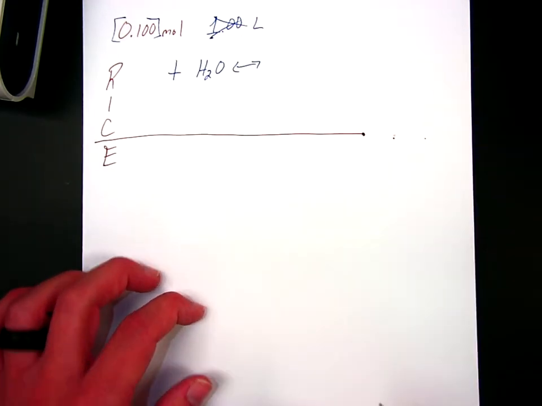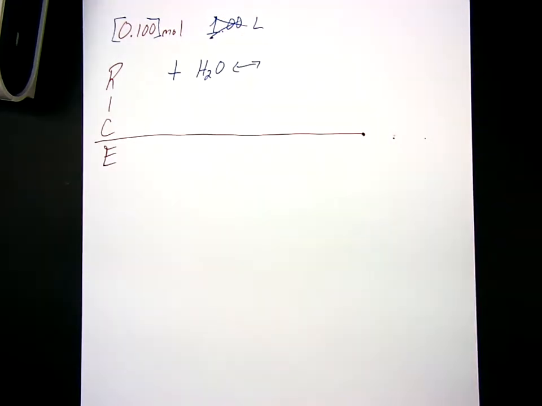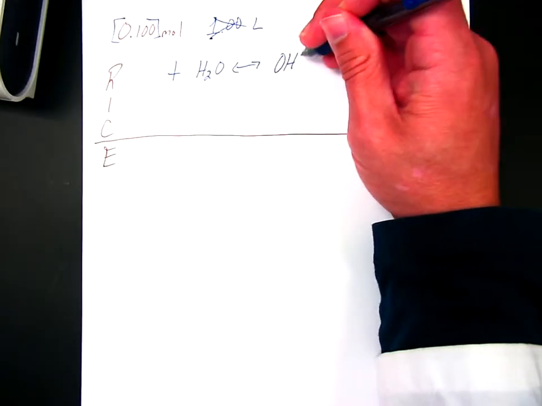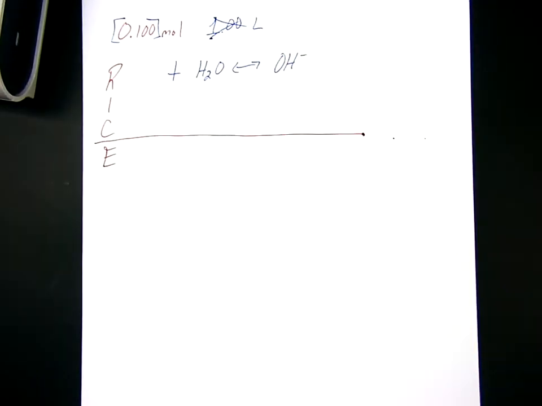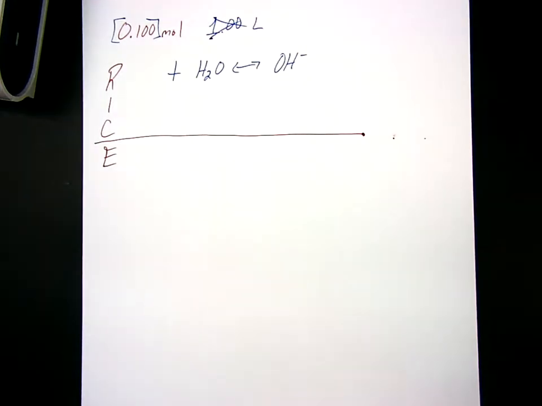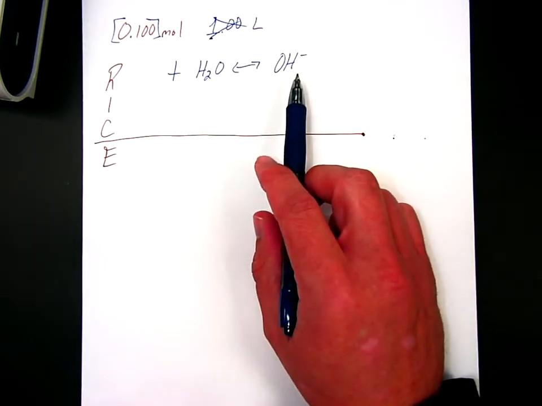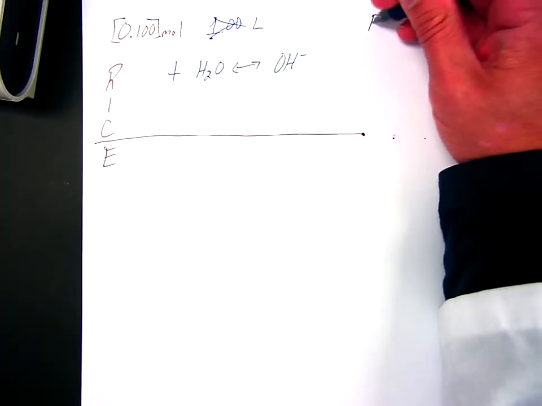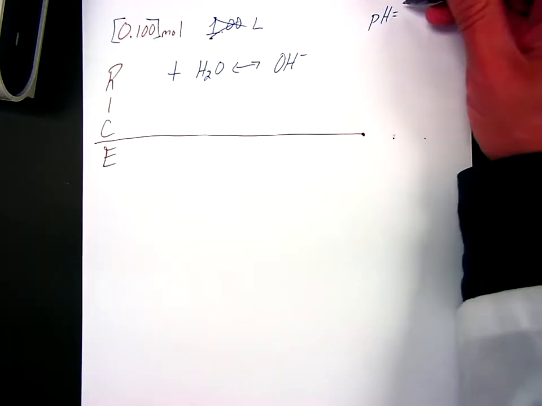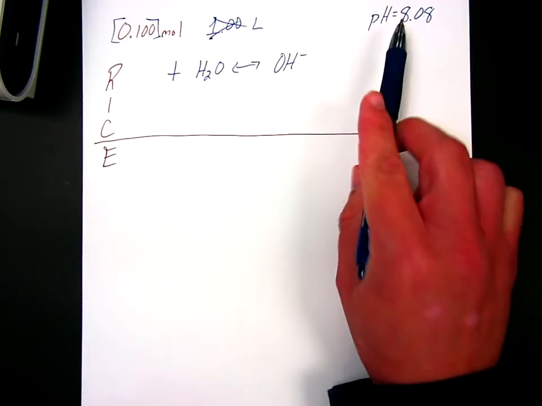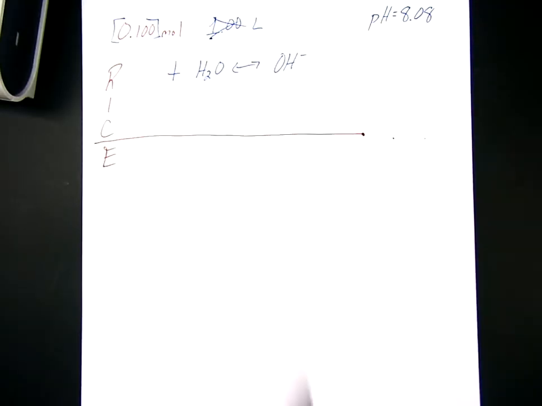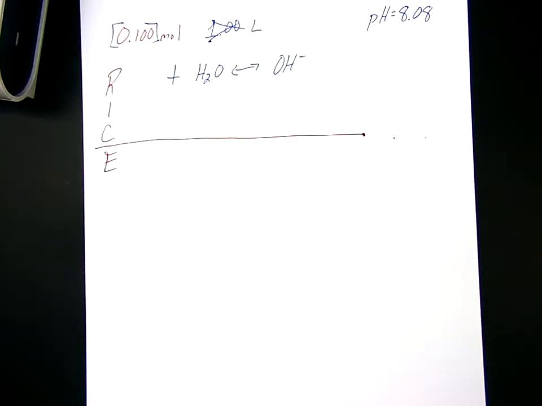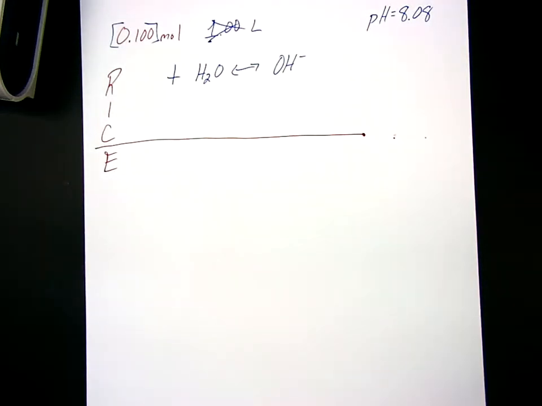Whatever that item is, it's going to be a proton acceptor for sure, because we know that it is a hydroxide containing solution. I know it's hydroxide because another part of the given information is that the pH equals 8.08. This is a basic pH, which means it must be a basic solution. So I know for sure that the hydroxide will flourish.